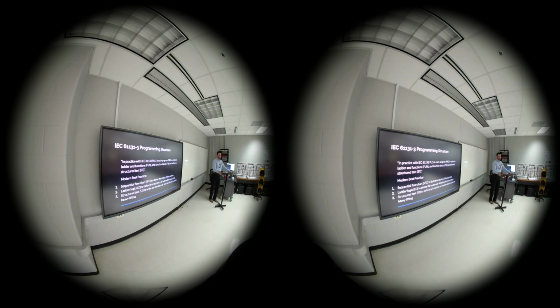Okay. So this is the industrial standard for industrial automation robotics, and it determines 5 different languages that are utilized by different companies. So you might have heard of ladder logic, or function block diagrams, or structured text, which is what the robots use.